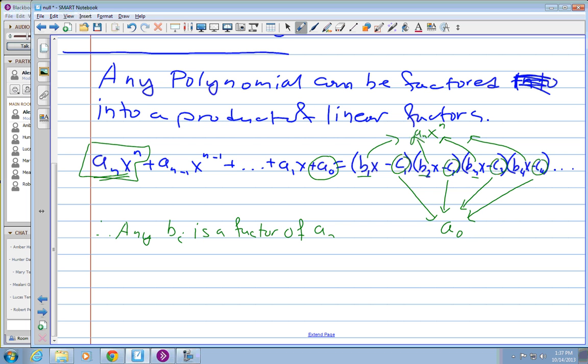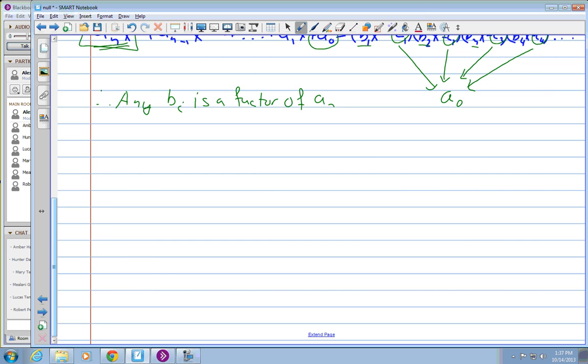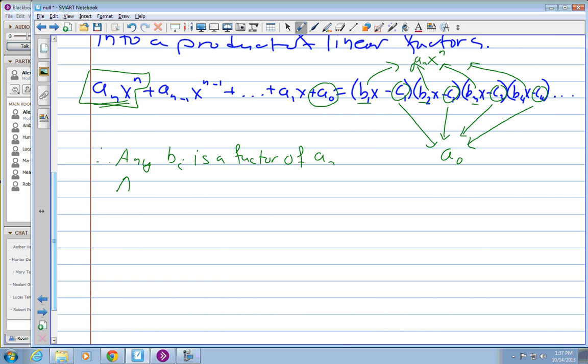And at the same time, any of those c's, any of the c sub i's, is a factor of the constant term, right? Well, it just is, because there's just some number there, okay?